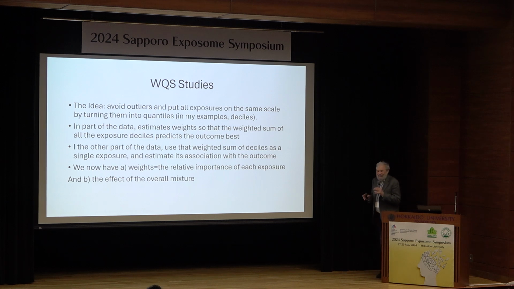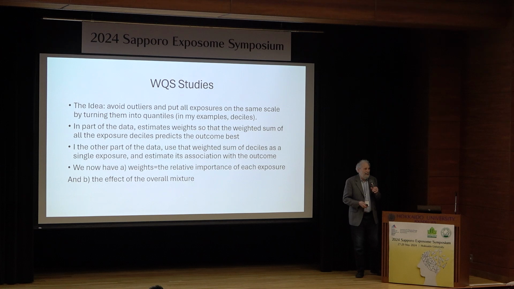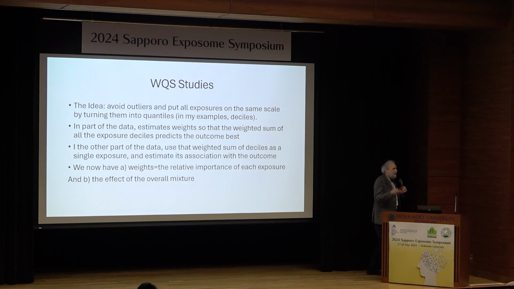of what these are. So the basic idea of weighted quantile sums is, if I look at all of these exposures that I have, many of them have very different ranges of variation. Some of them may be a lot higher in concentration than others, and it's very difficult to analyze that kind of situation. So we want to convert them to being on the same scale.